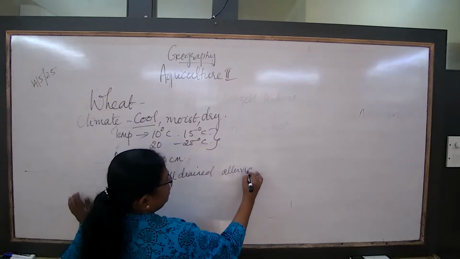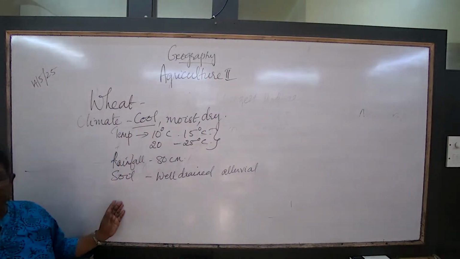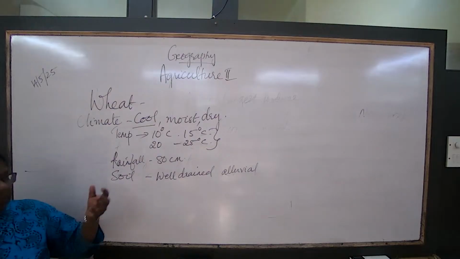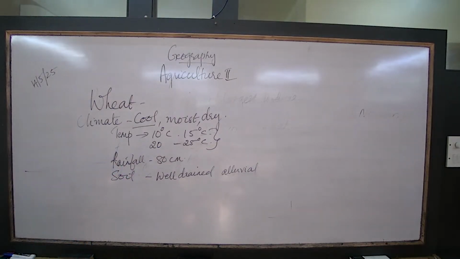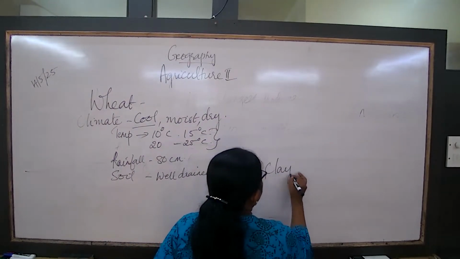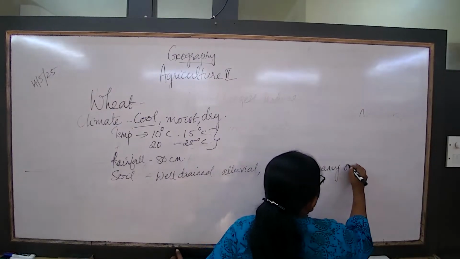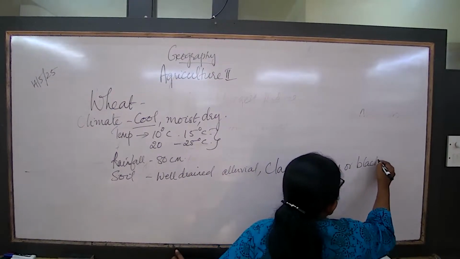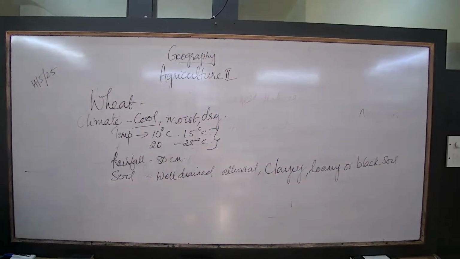You just write this or underline it, so everything can be learned simultaneously. Well drained, alluvial, even clayey, loamy, or black soil. This is the type of soil required.